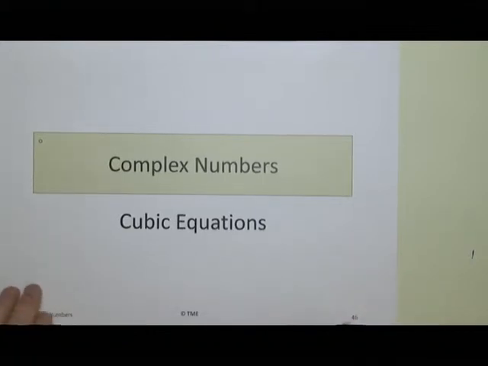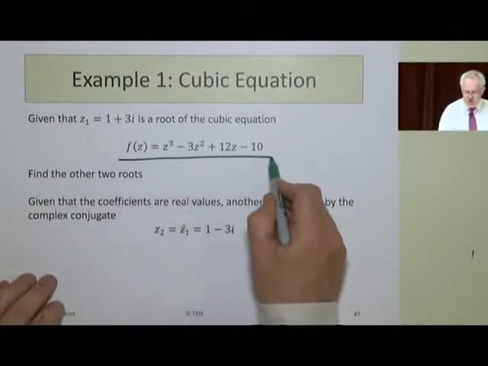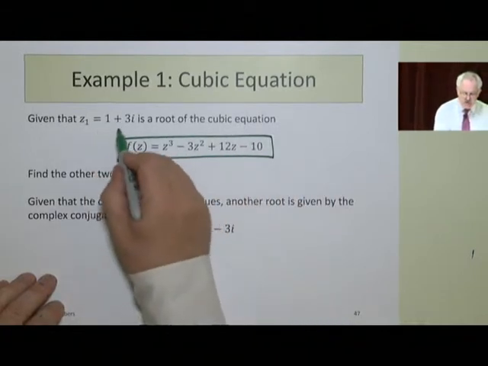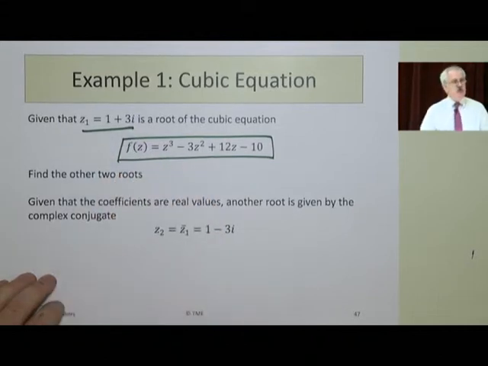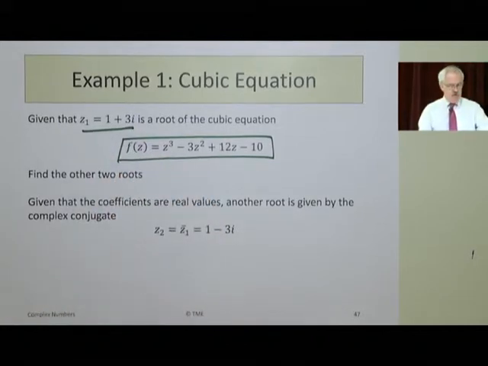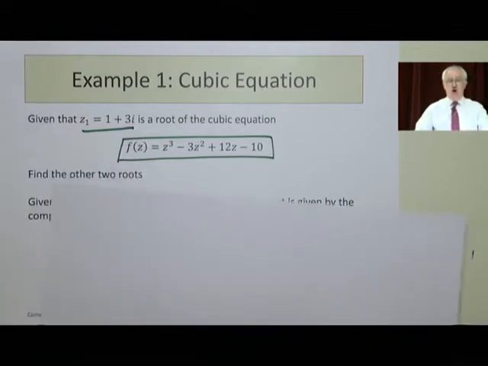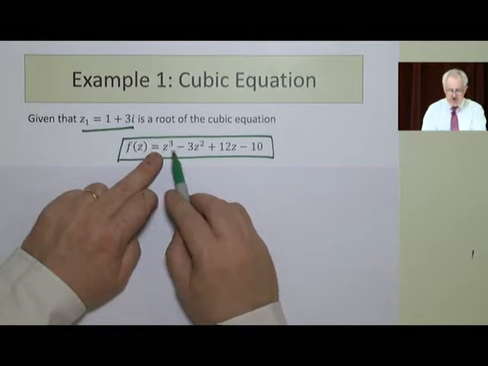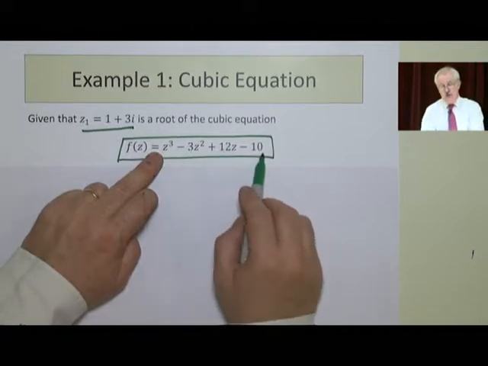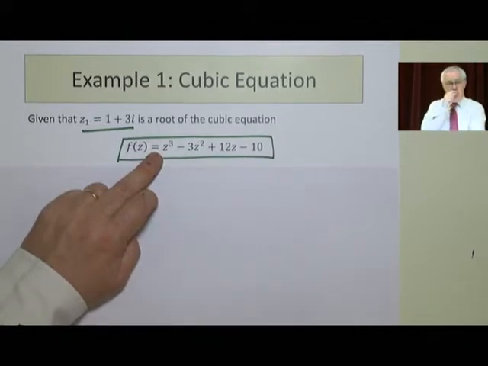And finally, just in case it might come up, cubic equations. If you have a cubic equation in complex numbers, here's an example, and you're told that z1 is 1 plus 3i is a root. Now, if you have a cubic equation, the coefficients for the first, second, third and fourth terms will be real numbers.